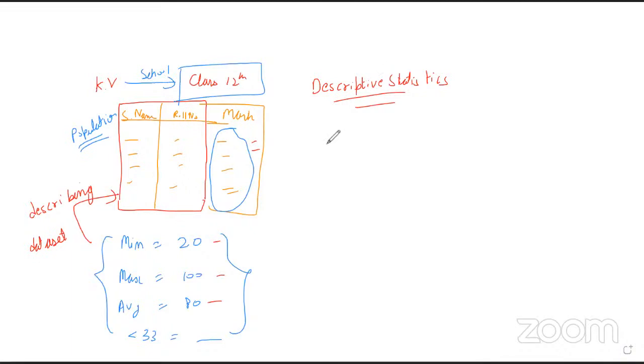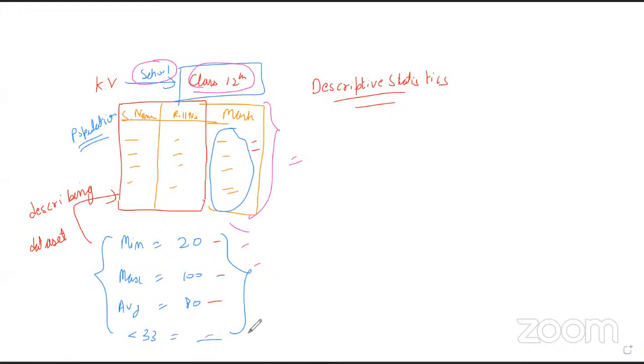So in short, here you are using the population directly, right? Yes, for now I'm using the population. See, I went to a particular school, and in that school I want the data of class 12 students' scores in the mathematics exam. This is the complete data I have collected. After collecting this data set, I have obtained these values: minimum marks is 20, maximum is 100, average is this, and the number of students who got less than 33 marks is this.